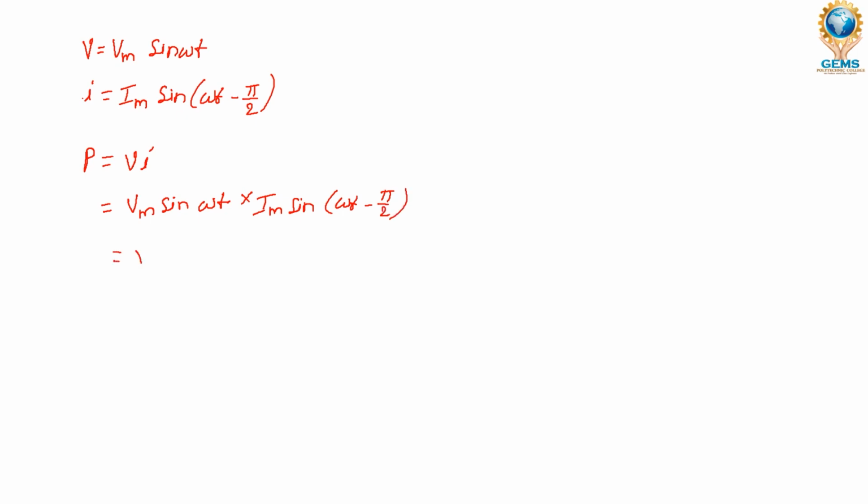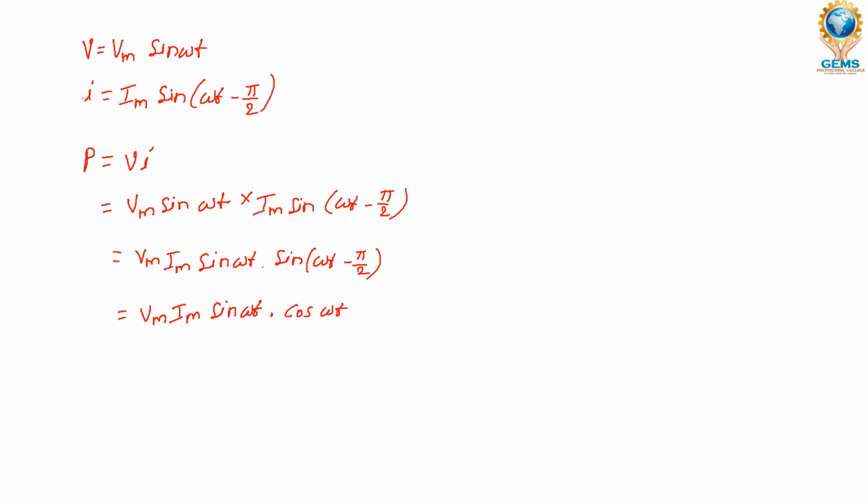It will come Vm Im sin omega t into sin omega t minus pi by 2. Vm Im sin omega t, we can write sin omega t minus pi by 2 as minus cos omega t.